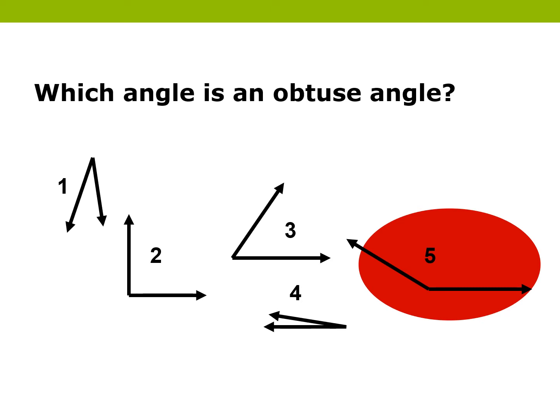If acute is below 90 and right is 90 degrees, then an obtuse angle is above 90 degrees, an angle that measures above 90 degrees but not greater than 180 degrees.